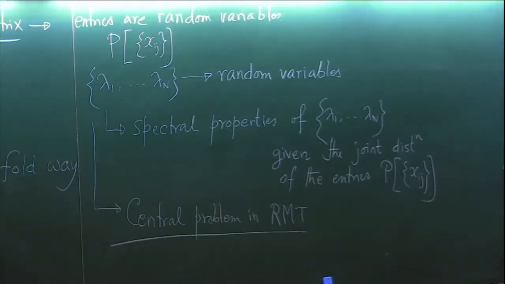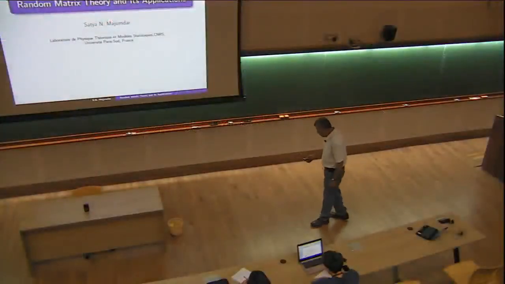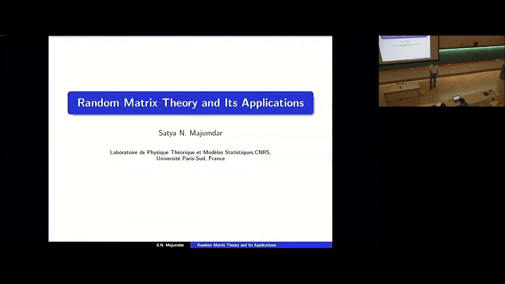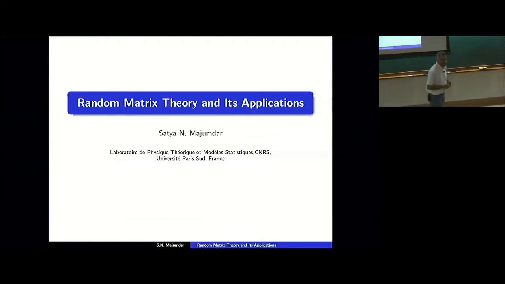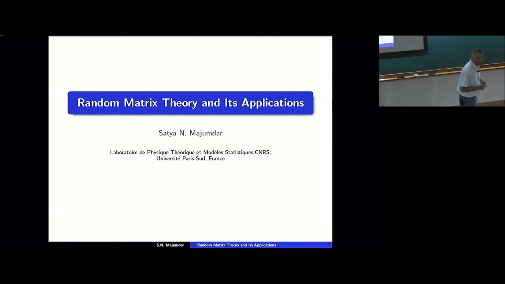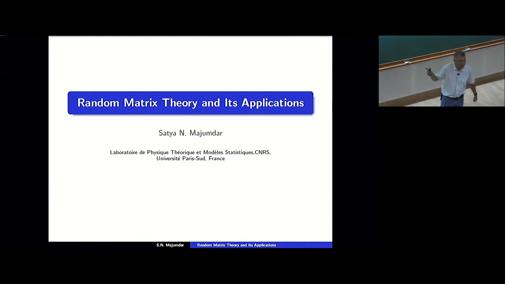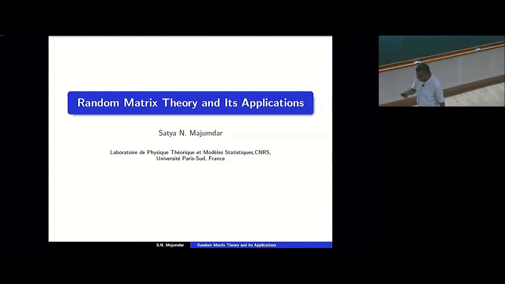When did random matrix theory first come about in the scientific literature? You remember this morning, Joachim talked about Patrick Matthew, who in 1831, was it? 1831 in Edinburgh. So I want to show you another Edinburgh connection, but this is 100 years later.